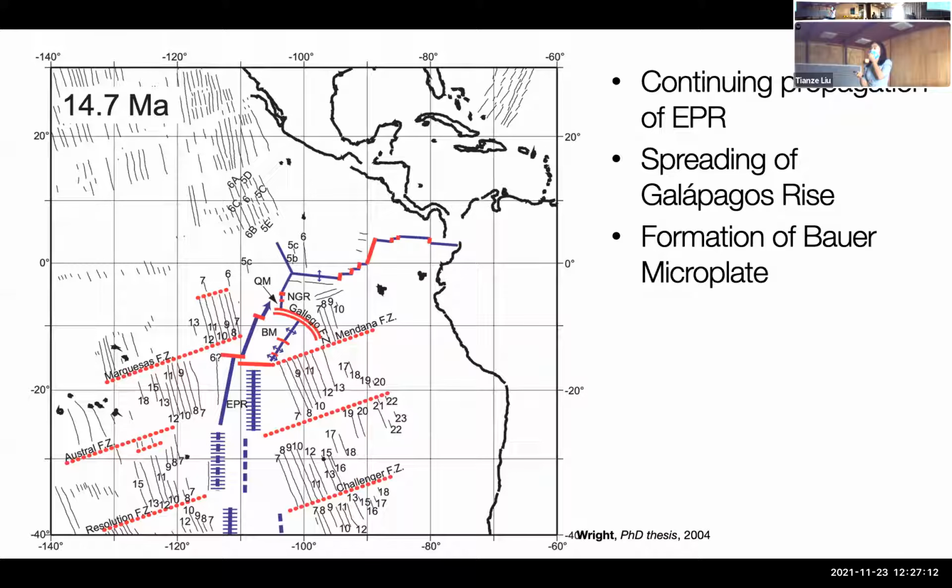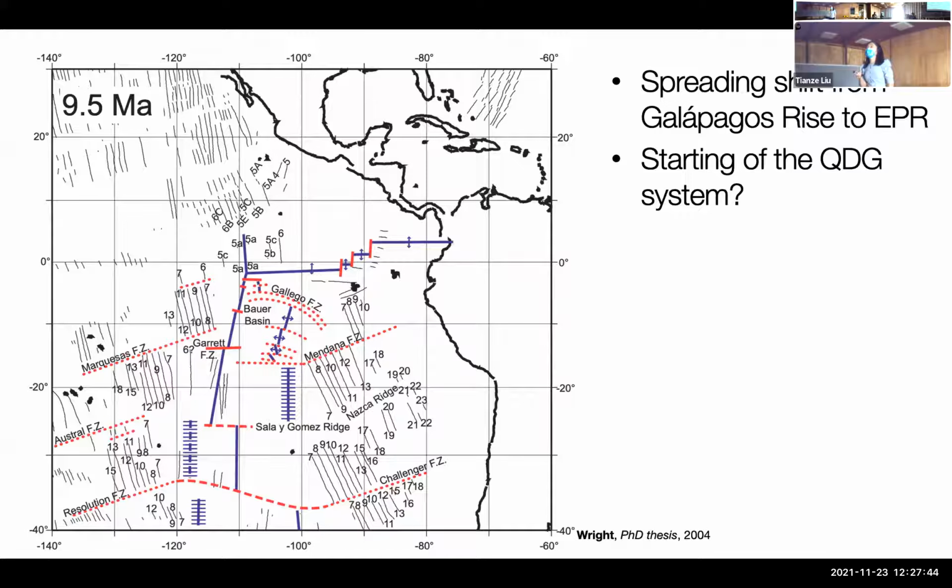As time goes, the East Pacific Rise continues to propagate to the north. At this time, the major plate spreading between Pacific and Nazca is accommodated by this Galapagos Rise. There's also a small plate called the Bauer microplate forming between the Galapagos Rise and the north-propagating East Pacific Rise.